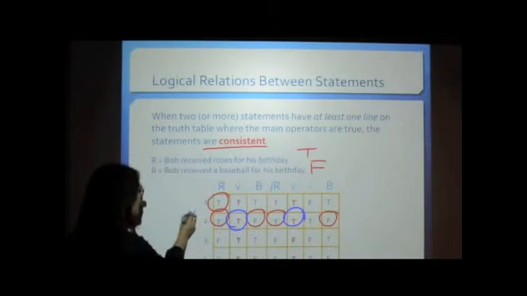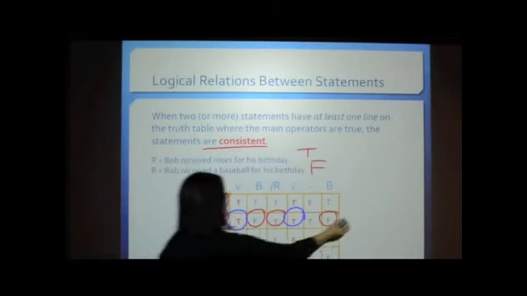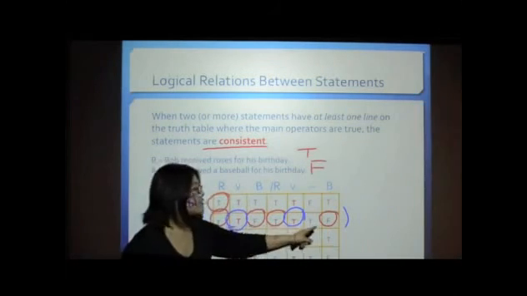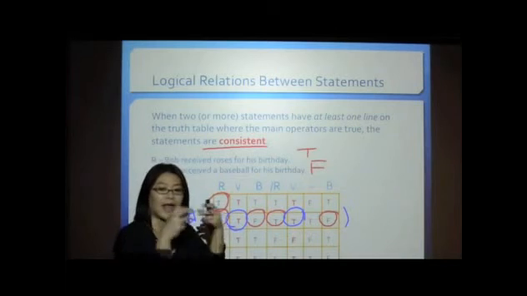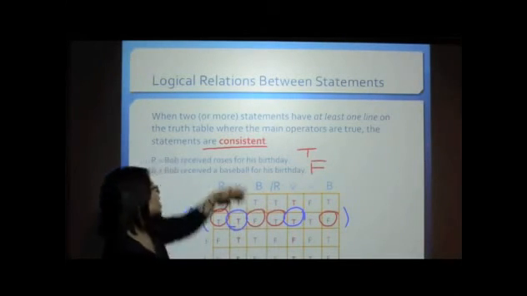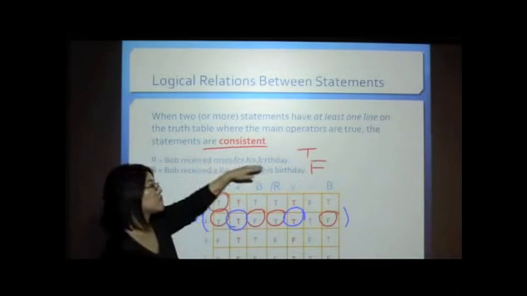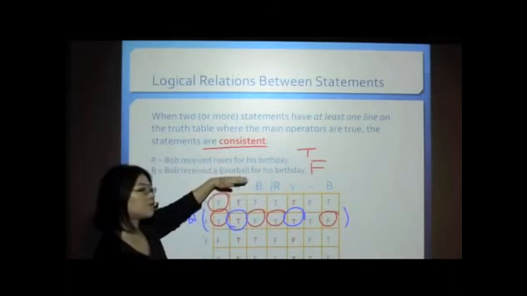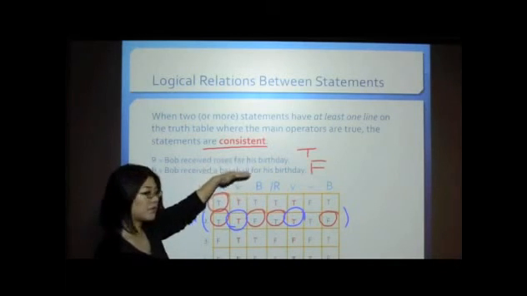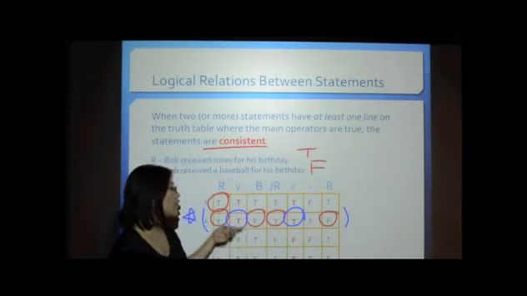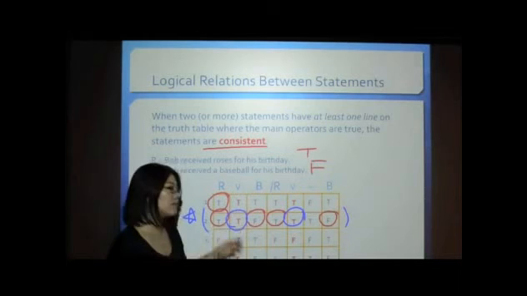So this line here gives us the truth values for the actual world. Because in the actual world, it is true that Bob received roses for his birthday, and in the actual world, it is false that Bob received a baseball for his birthday. So this row here gives you the truth values for these statements in the actual world.